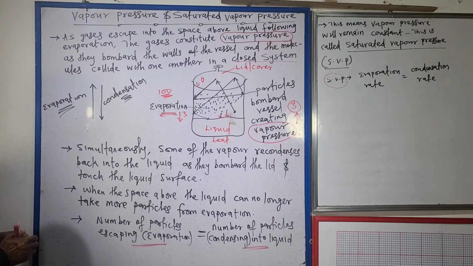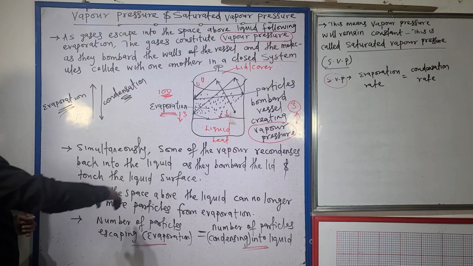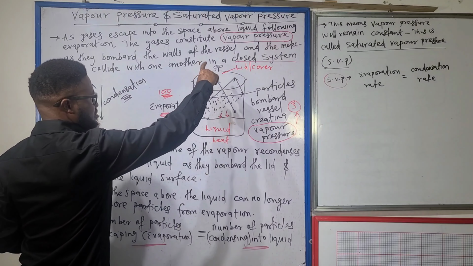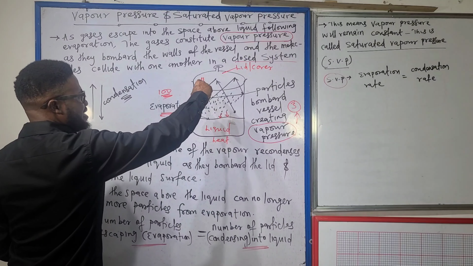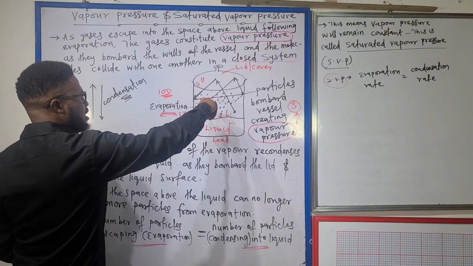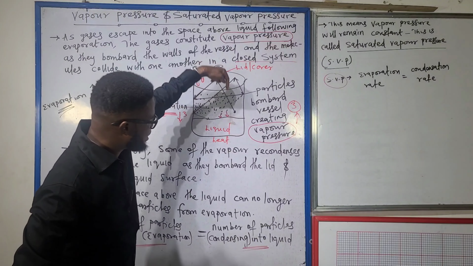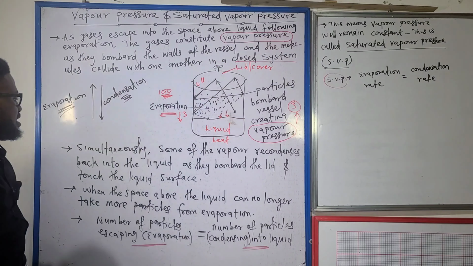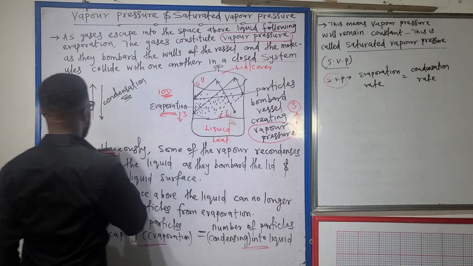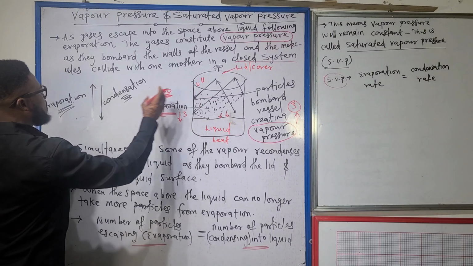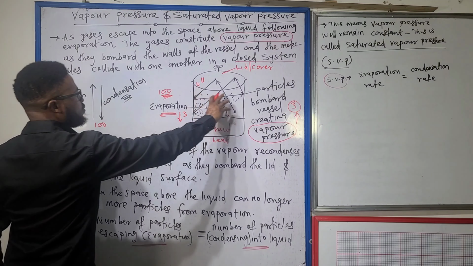But this is it. If we continue to heat, a point will be reached where the number of particles escaping into the space above equals the number of particles condensing back into the liquid. I say again, let's assume that 100 particles can stay up here above the liquid.